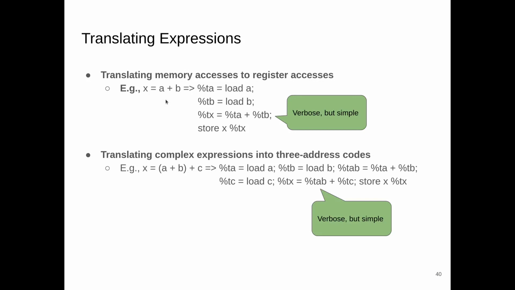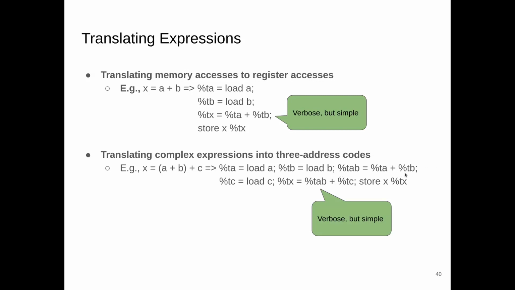Furthermore, we can translate complex expressions into this kind of IR. If we have a little bit more complex expression, x equals a plus b and then plus c, then we can translate like this. We first load a, which is exactly the same as this code here. Load a and load b, and then calculate the summation of a and b.